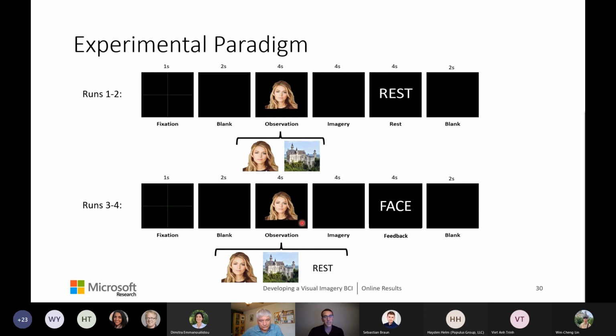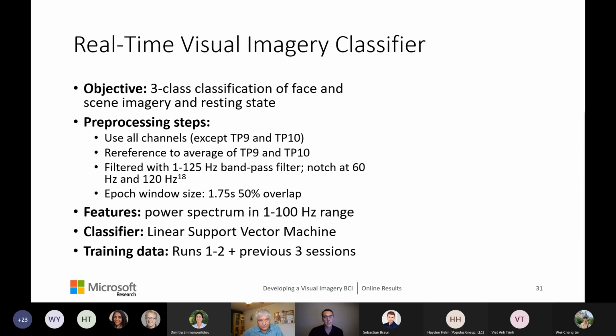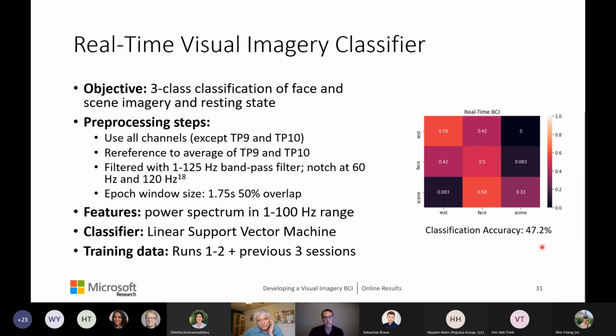But without giving it a little bit of data from the current session, it didn't perform as well. It was around 39% accurate, but adding a little bit of training data from the current session boosted that up to around 48%. So I did actually have fully online BCI, and the accuracy, you can see the predictions here, was around 47%.